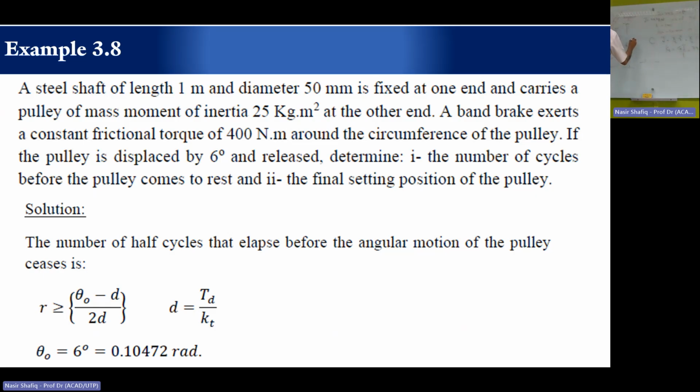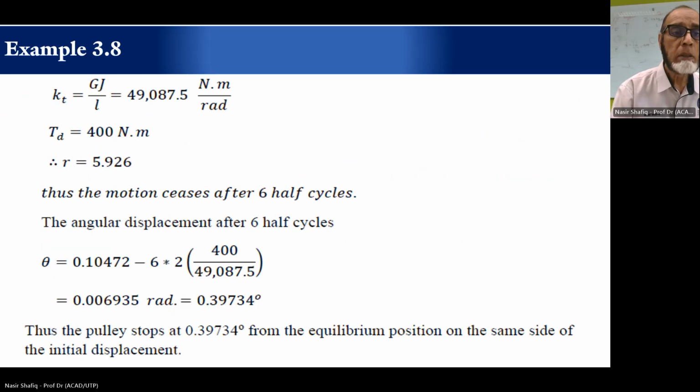Because D is equal to TD upon KT. So TD is 400, right? And KT is equal to 49,000.